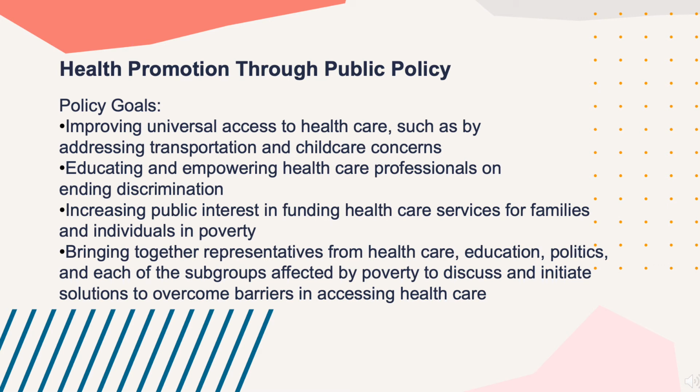Policy goals could include improving universal access to healthcare, such as by addressing transportation and childcare concerns, educating and empowering healthcare professionals on ending discrimination, increasing public interest in funding healthcare services for families and individuals in poverty, bringing together representatives from healthcare, education, politics, and each of the subgroups affected by poverty to discuss and initiate solutions to overcome barriers in accessing healthcare. If implemented, such a policy would help address the unequal access to healthcare that many people in poverty experience today.